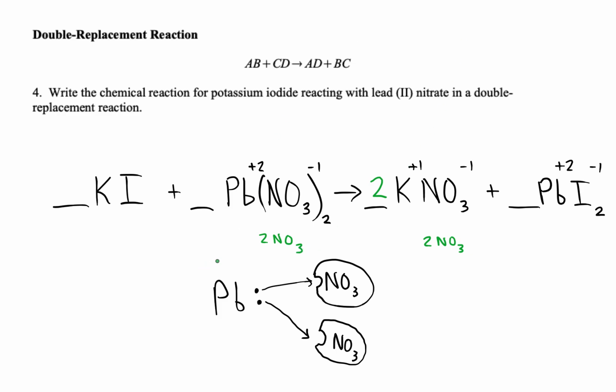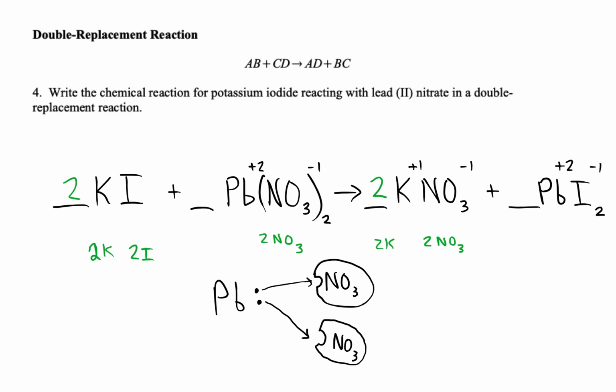Let's see. We've got now 2 potassiums as a result of us putting a 2 out front. There's only 1 potassium over here, so the next thing that's absolutely required is we're going to have to double this guy. That's going to give us 2 potassiums on the left and 2 iodines on the left.